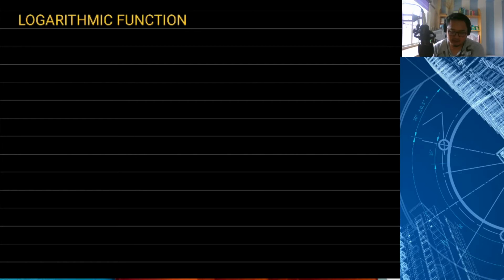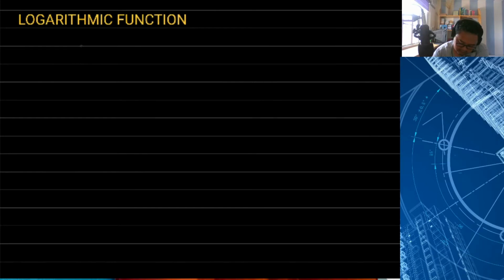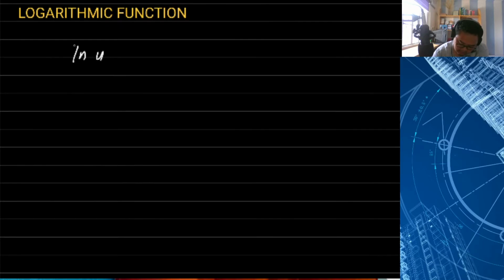This time we will move on to the next topic, logarithmic function. So what is logarithmic function? Recall in your differential calculus, if you have the function ln u and you wish to differentiate that, this becomes du over u.